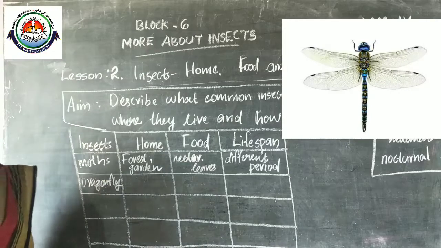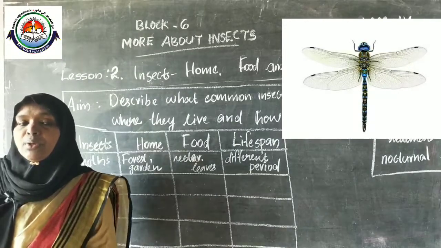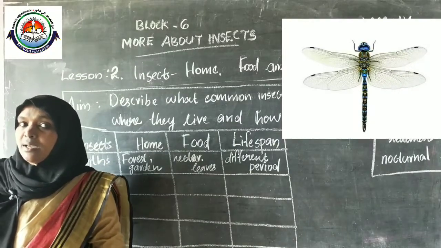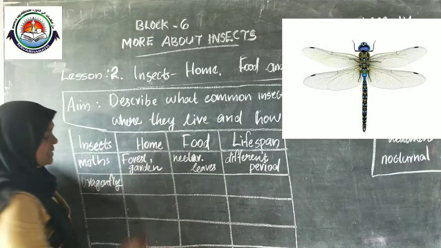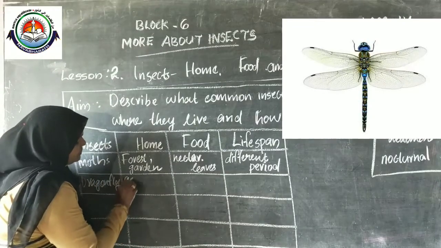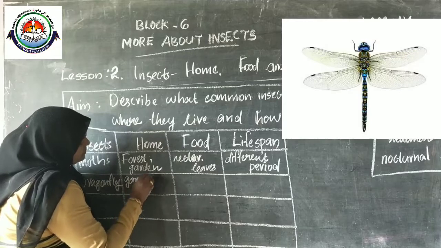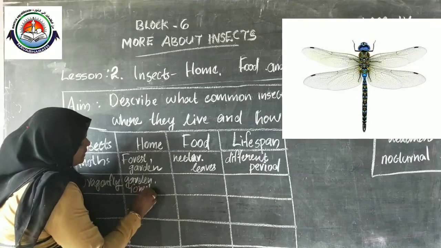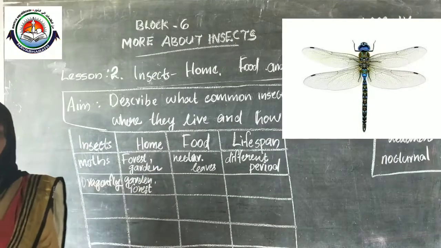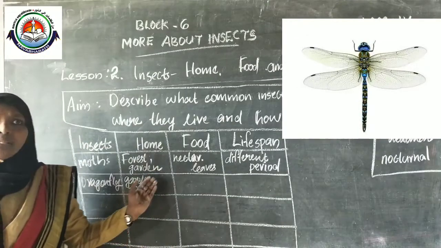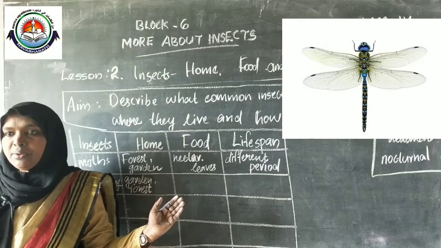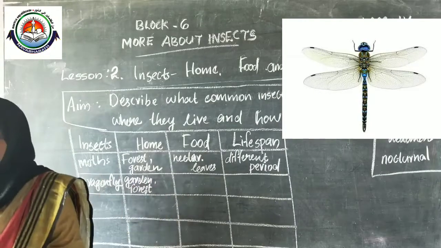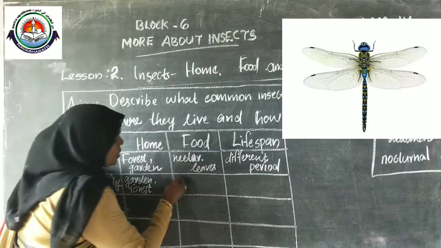Where is the home of dragonfly, do you know? Forest, garden or grassy land? Garden, forest or grassy land. What is the food of dragonfly? Yes, the main food is mosquitoes and small insects.